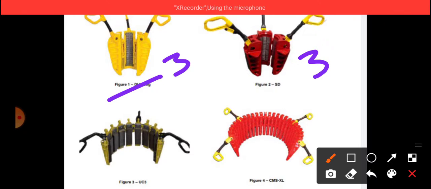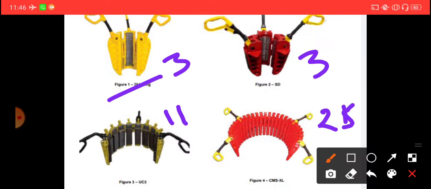For example, maybe 11 segments or maybe 25 segments, depending on whatever drill collar or drill pipe we are using, we select the slip accordingly. These above two we are using for either drill pipe or heavy weight.